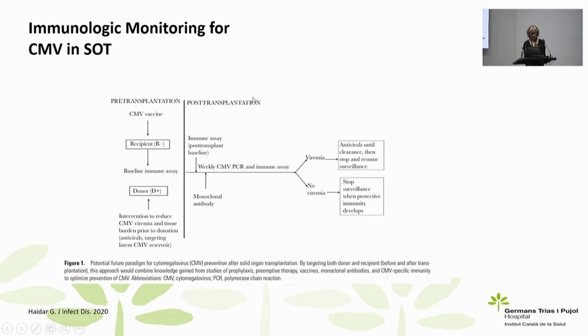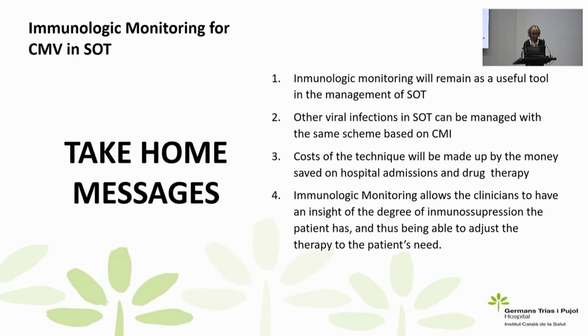And after the transplant, then we need to monitor the patient with the CMV PCR and the immunoassay. And if the patient gets viremic, then treat it. But if the patient doesn't develop a viremia, we can stop the surveillance, and that's all.